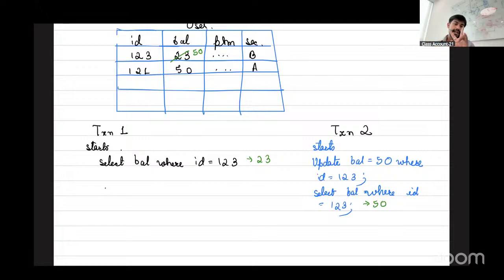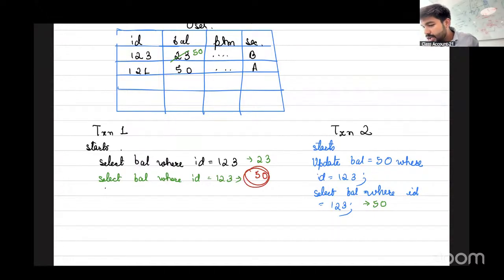After two lines got executed, we again do select balance where ID is equal to 123. As of now 123 has a balance of 50. The balance has changed, but still, this is the most important part, here the output won't be 50.